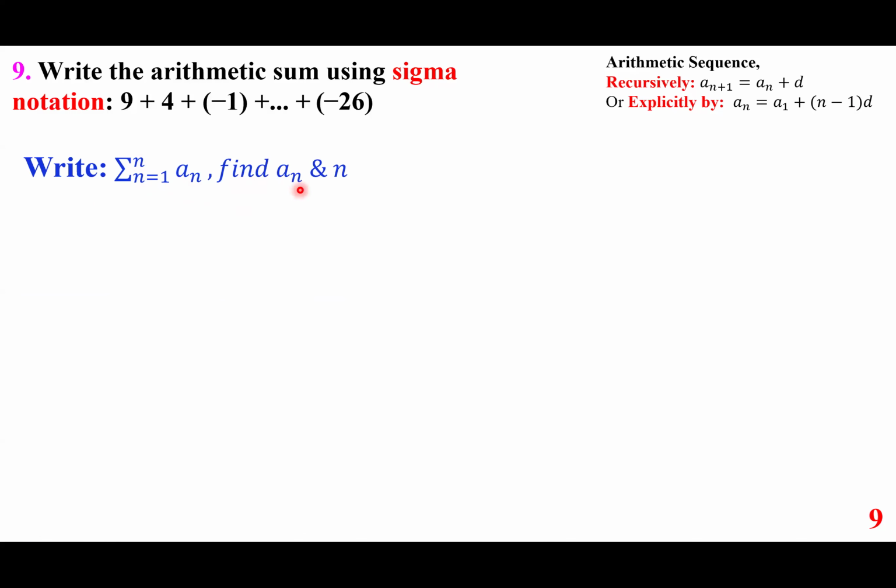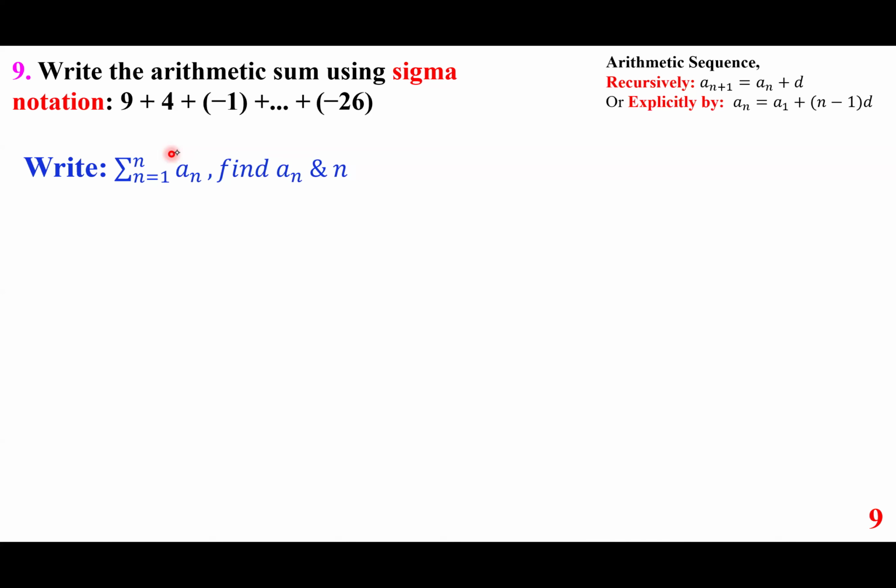We want to find a sub n and n. So we need to know what is the general term we put here and what is n. So which term? Term number 5, term number 10, the 10th one, and so forth. That's the idea.